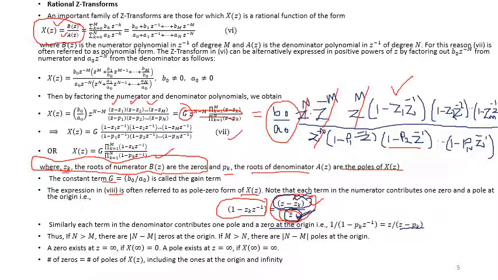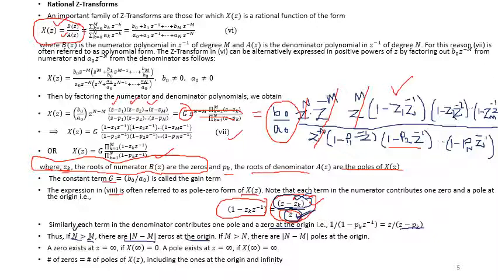Now there's another question. If the denominator and numerator have different degrees, case one is if the denominator, which represents the number of poles, has a value greater than the number of zeros, then we say there are n minus m zeros at the origin.